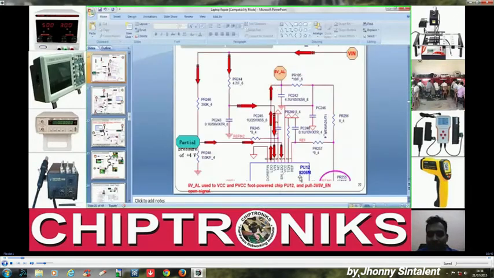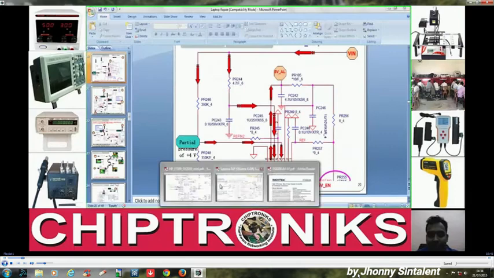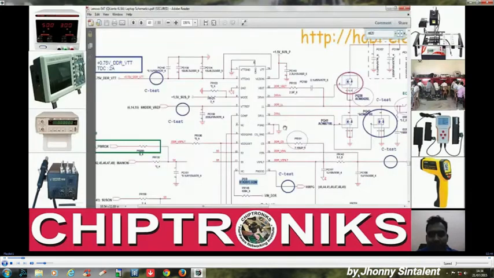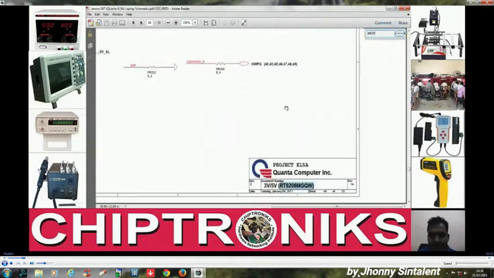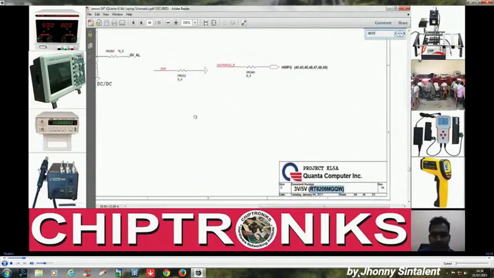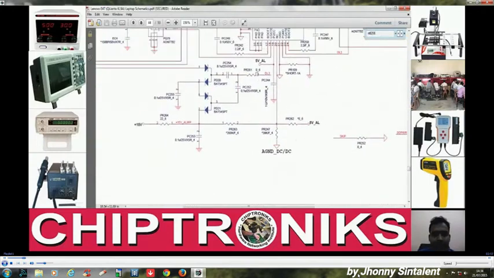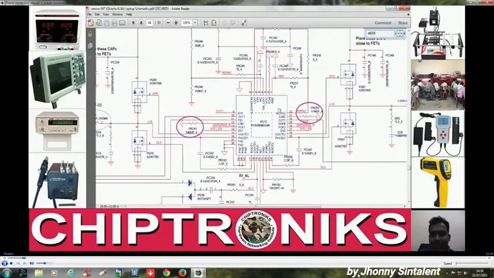We can check in the schematic. We can see in this schematic, RT8206, we'll search it, and this is the 3.3/5 volt regulator IC.